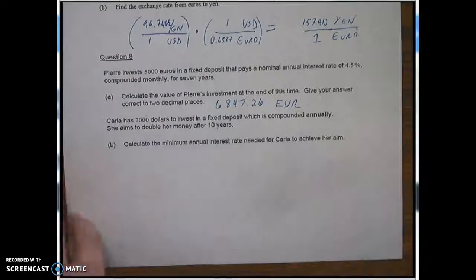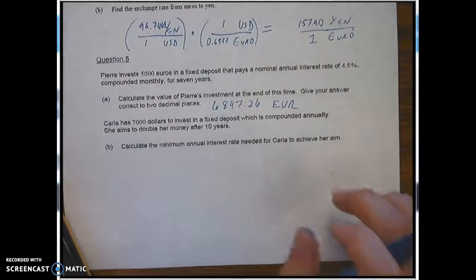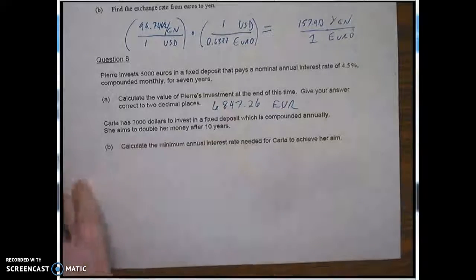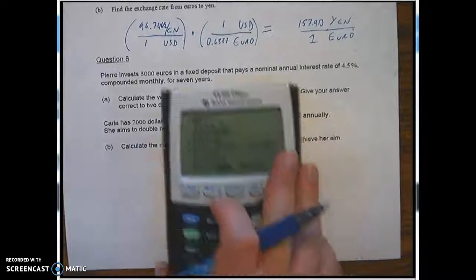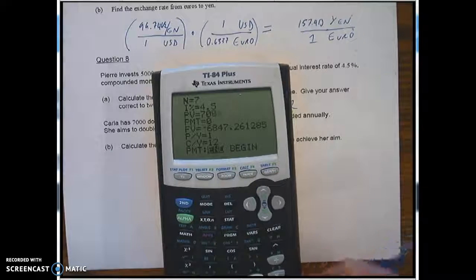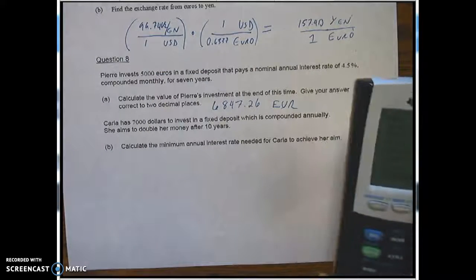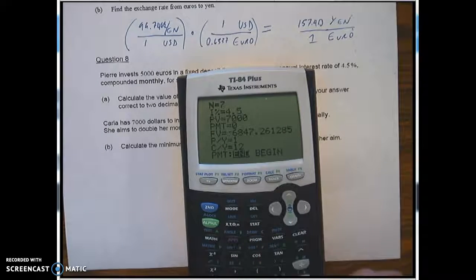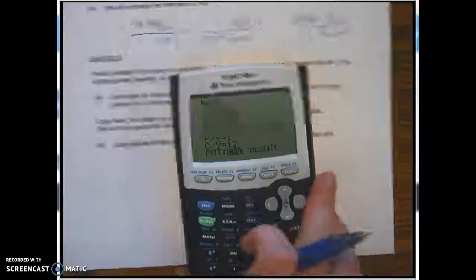Carla has $7,000 to invest in a fixed deposit, which is compounded annually. She aims to double her money after 10 years. What's the minimum interest rate she needs? All right, so our present value, they say, is 7,000. And it's going to be 10 years, so n equals 10. And we're trying to double it.